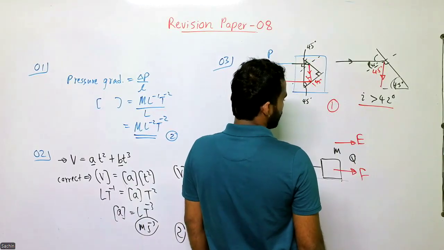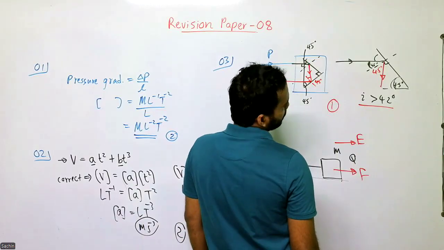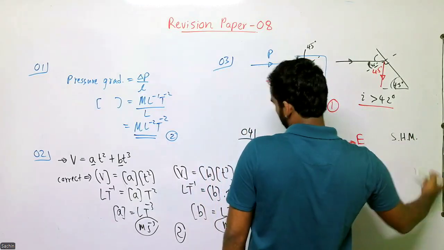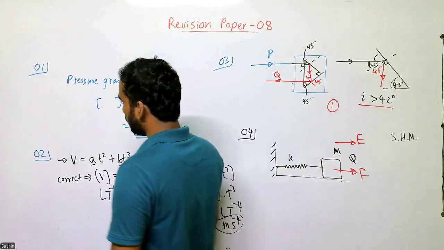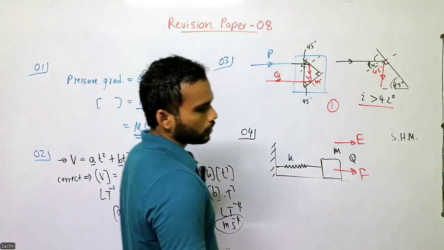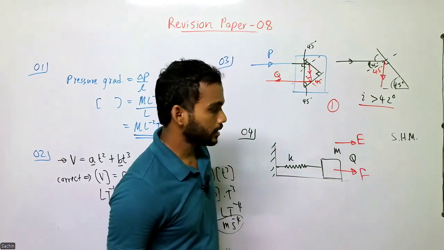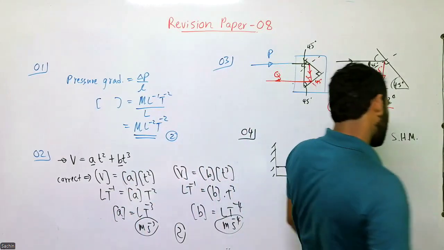First, let me find the equilibrium point. When it comes to simple harmonic motions, as we say in the theory class, you always have to measure the displacement from the equilibrium position. You can't measure it from anywhere else.